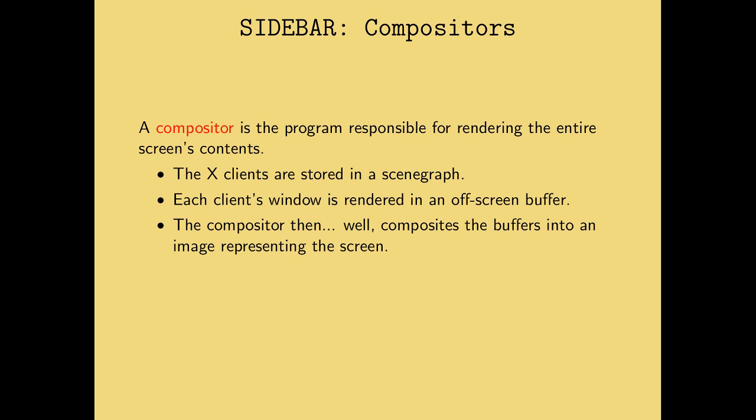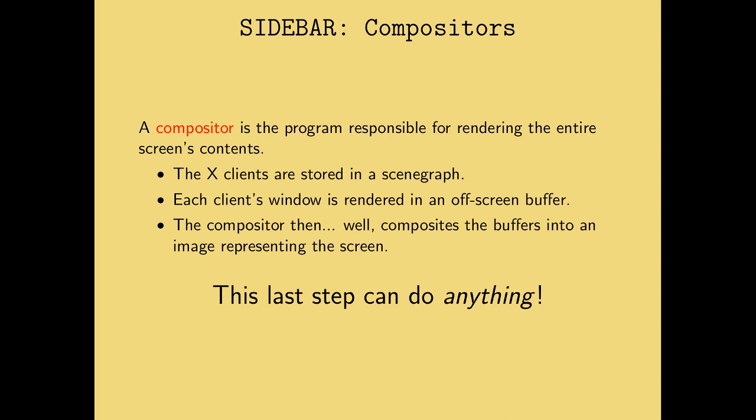The compositor then composites these buffers into a single image representing the screen. And the problem is that last step can do anything. It can put them all in a giant 3D box. It can distort them. When you close the window, it can add a fire effect.